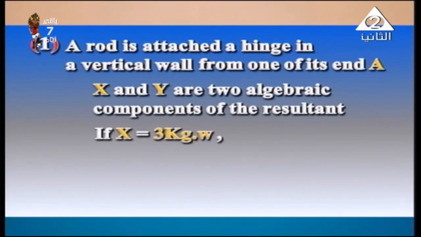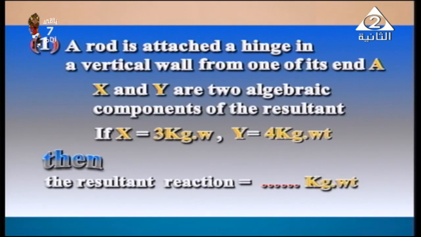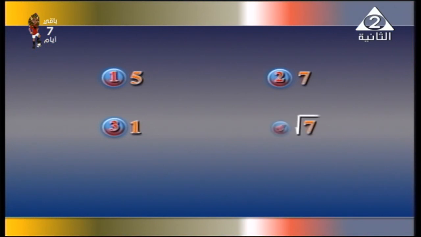If X equals 3 kilogram weight and Y equals 4 kilogram weight, then the resultant reaction equals what? Kilogram weight. Choose the correct answer: 5, 7, 1, root 7.